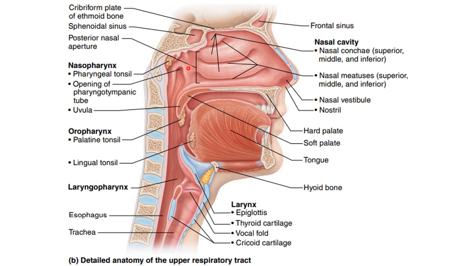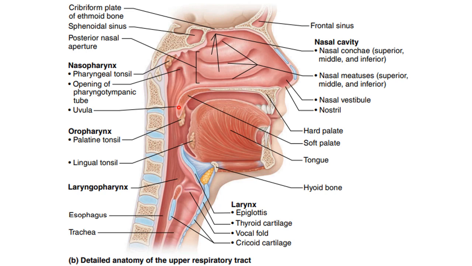So here you have the nasopharynx, and what particular structures can we find in the nasopharynx? You have here the pharyngeal tonsil, otherwise known as the adenoid tonsil. This is the opening of the pharyngotympanic tube, which is the eustachian tube and connects the ear to the throat. This is the uvula, which you can appreciate when you open your mouth.